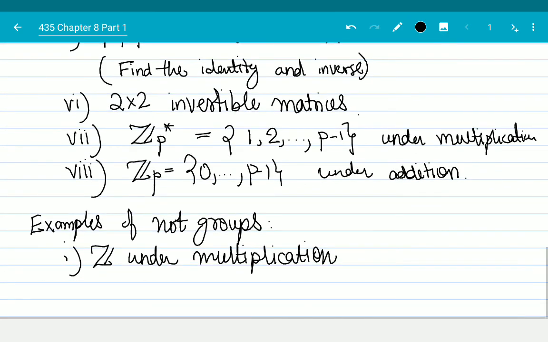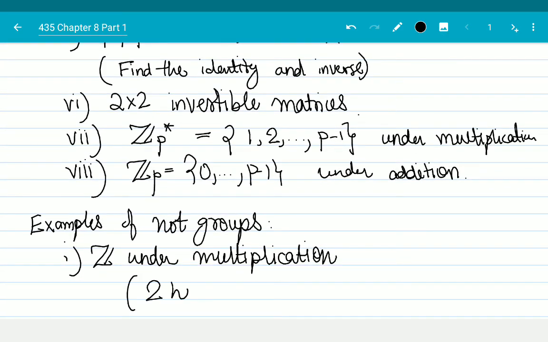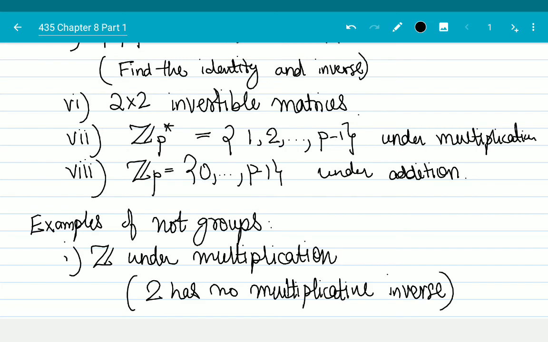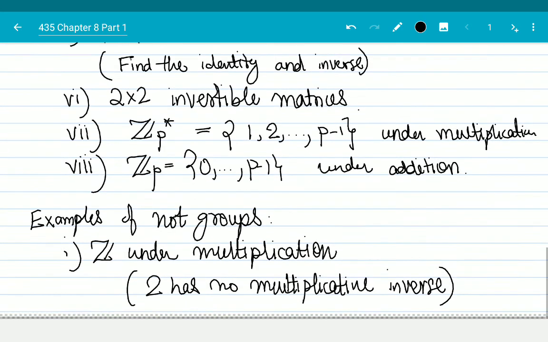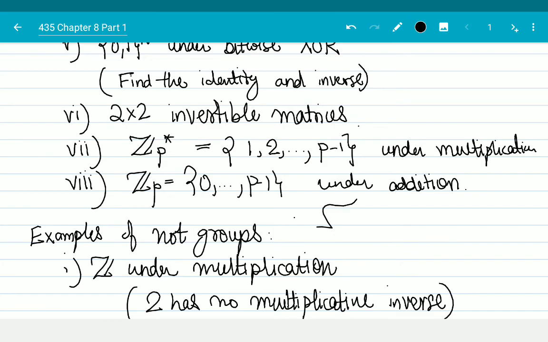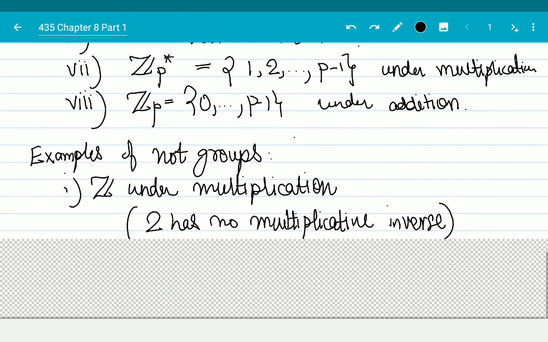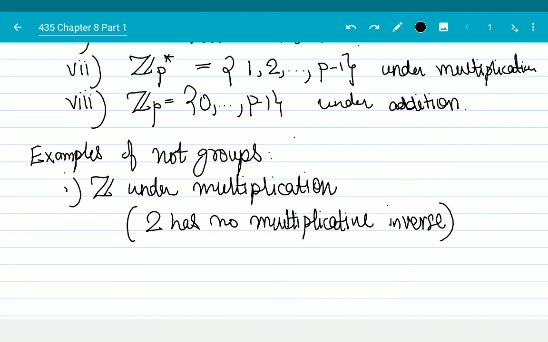Right? 2 has no multiplicative inverse. Right? So does 0. Both of these elements do not have any multiplicative inverse. So even if you had removed 0, it would not have a multiplicative inverse.